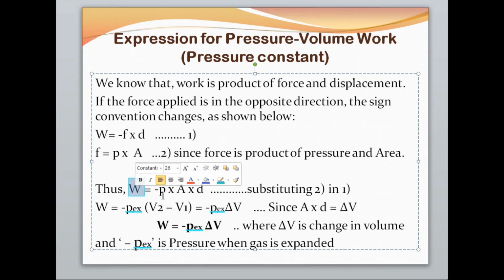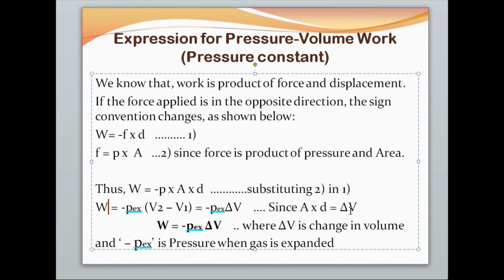So minus P into A into D is that minus F into D, right? Now, what is that pressure? Pressure is when I'm expanding it, when I'm taking the piston up, in the opposite direction. So my work done becomes minus P into V2 minus V1. Now what is V2 minus V1? That's delta V, the difference in volume.